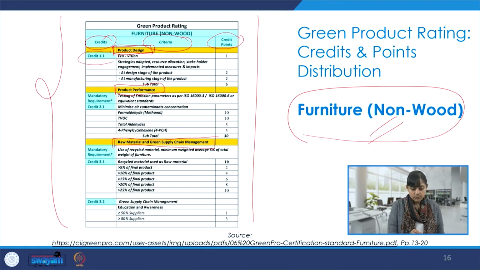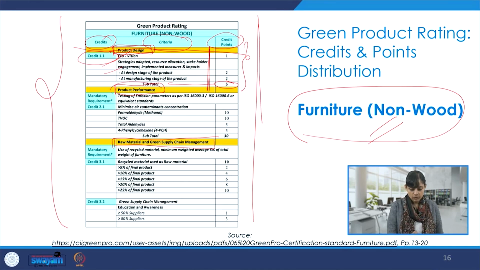So credit 1.1, within the order of product design, talks about eco-vision, strategies adopted, resource allocation, implemented measures, impacts, all of that. And for these different points under credit 1.1, within the umbrella of product design, there are credit points which are given. And there are subtotals for each of these orders.